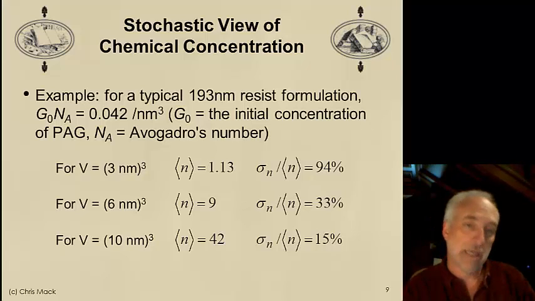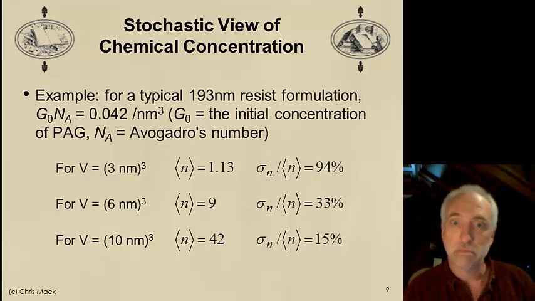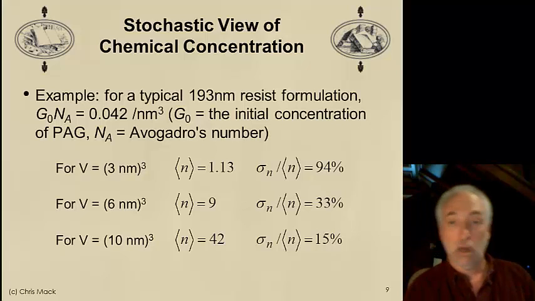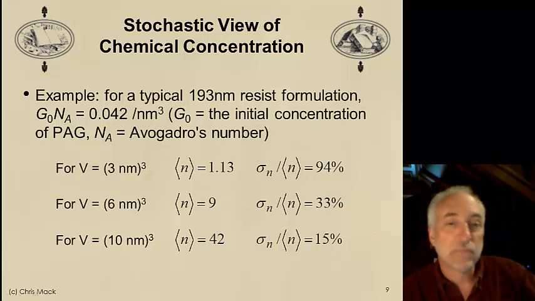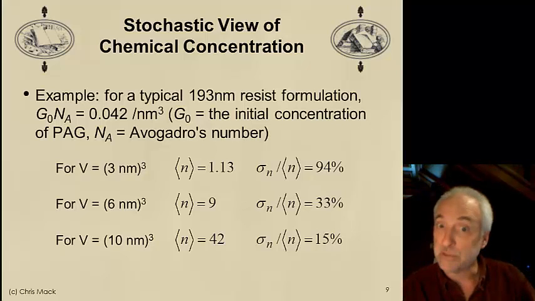But if I randomly select a volume of this, sometimes I'll get 1, sometimes I'll get 0, sometimes I'll get 2. The relative uncertainty is 94%. So we say that the mean value is 1 plus or minus 94%, which is a high uncertainty.